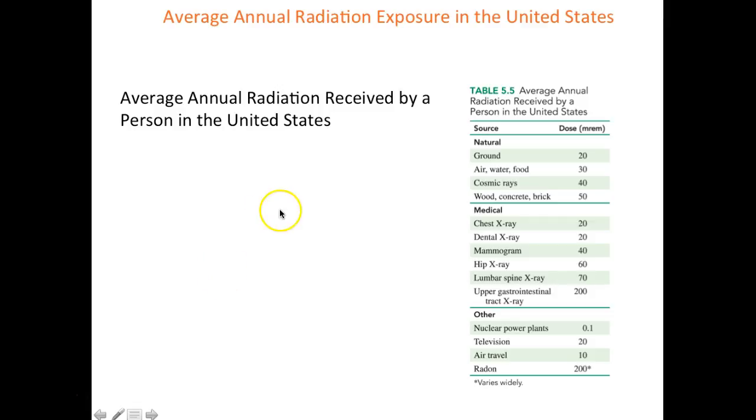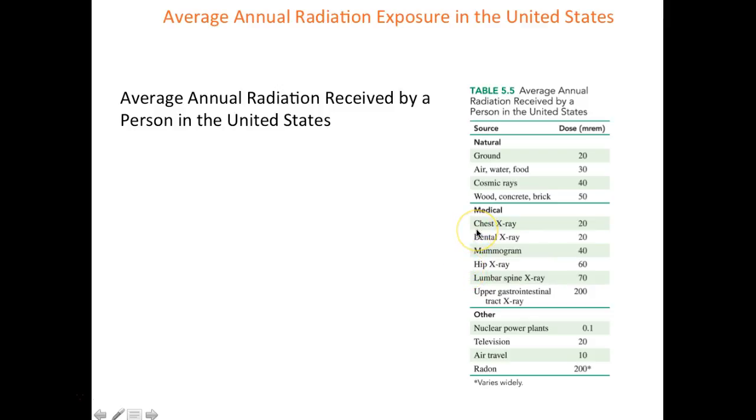So some of the sources of radiation in everyday life, there's radiation all around us, whether it's from the air, from the sun, the cosmic rays, from the ground. I mentioned radium becoming radon gas and collecting in the basements of old buildings. And then from medical procedures like taking x-rays and mammograms, etc. Right?